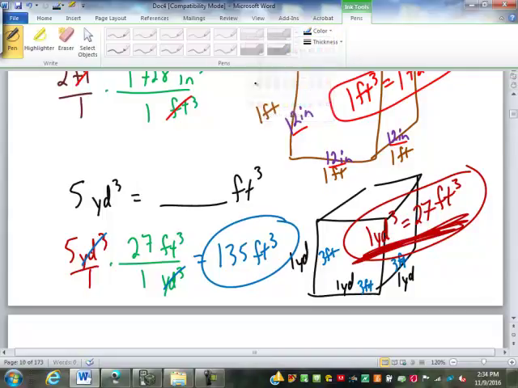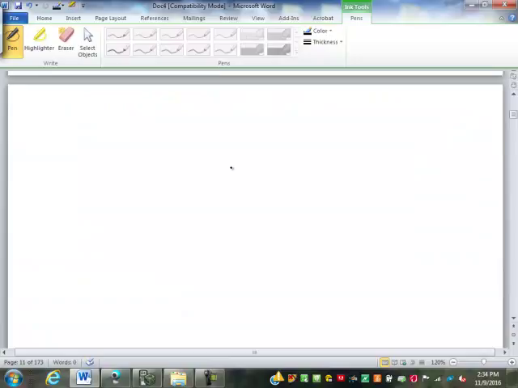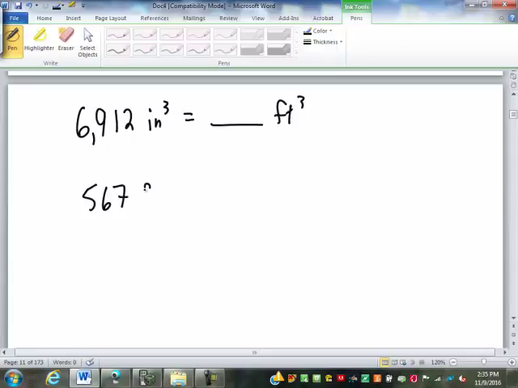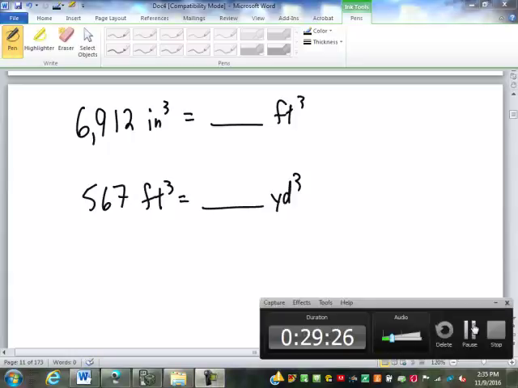So I'm going to have you guys try a couple here. 6,912 cubic inches is how many cubic feet? 567 cubic feet is how many cubic yards? Give those a shot in your notes quick and we'll talk about it.